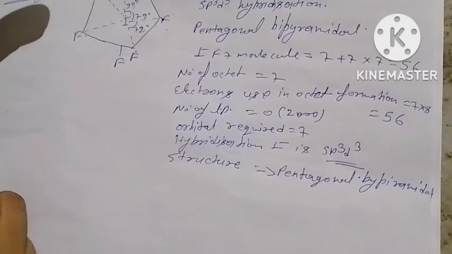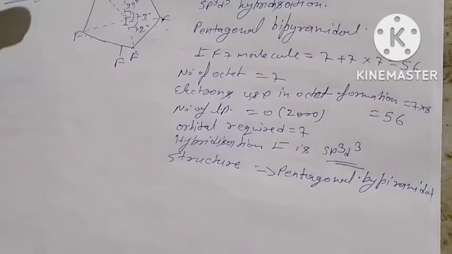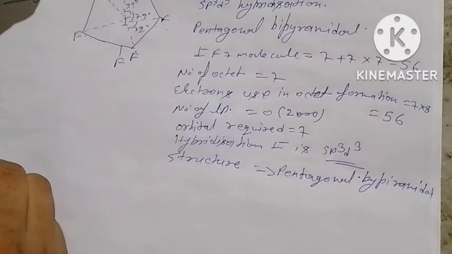Next are B type molecules containing bond pairs and lone pairs.